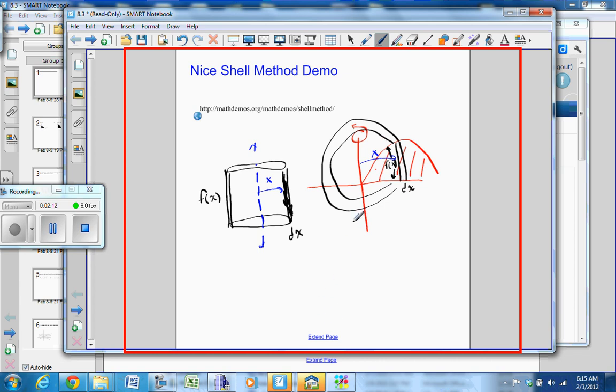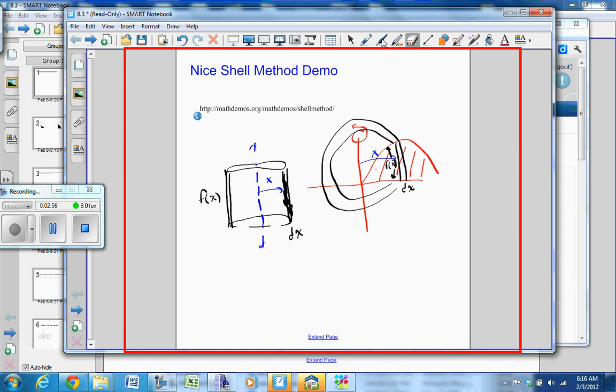So the visualization of this shell is that if we were to unwrap it, so it's circular, and if we were to cut it down the line here, take scissors, I can't draw scissors, but say we cut this.